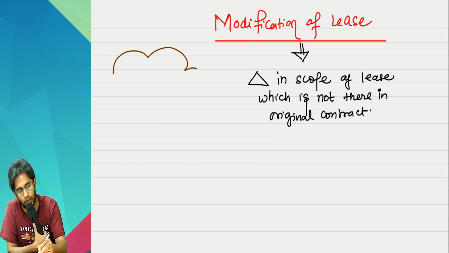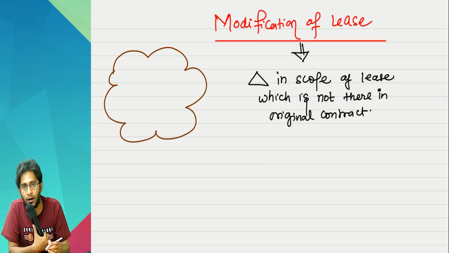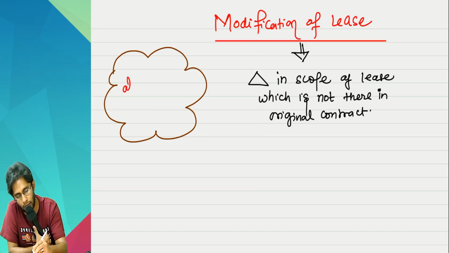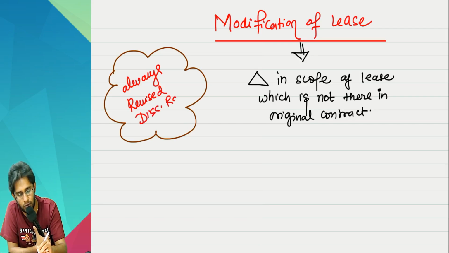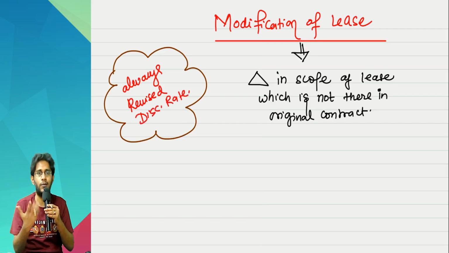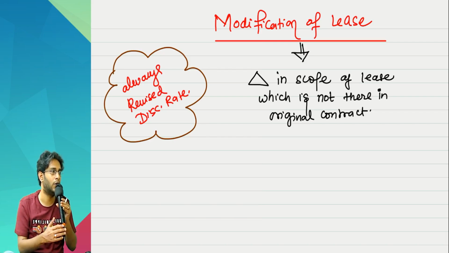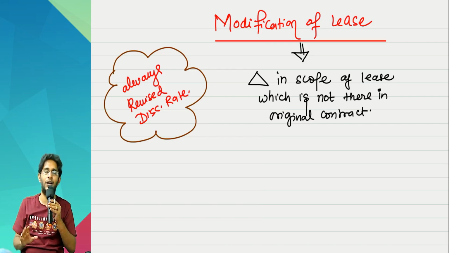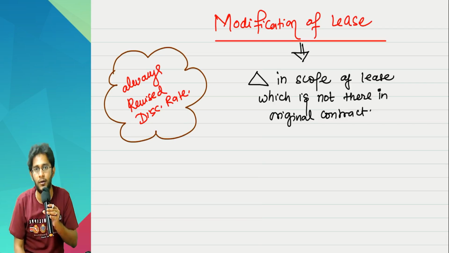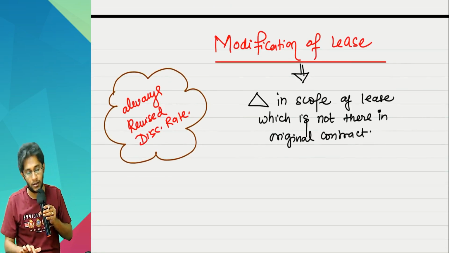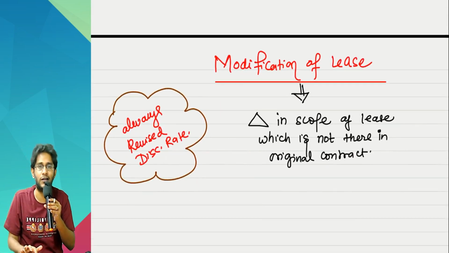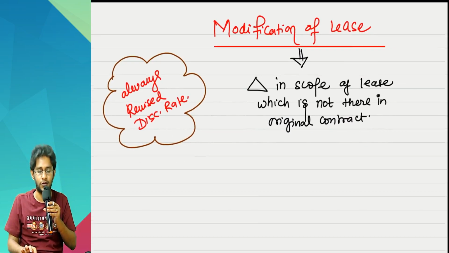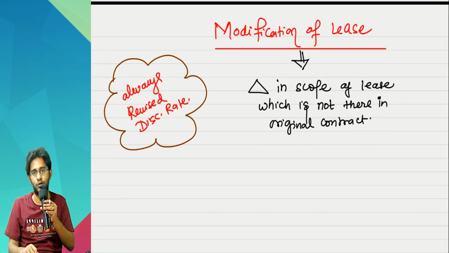One pro tip you can remember is, in modification, always revised discounting rate. Once the lease is modified, you cannot continue with the original rate. You have to definitely take the new rate today. Reassessment, it depends, whether it is related to term or purchase option, then revise. Otherwise, you will continue with the original rate.